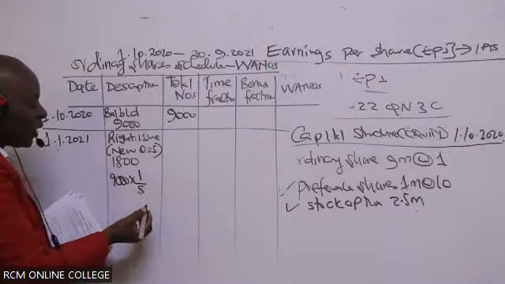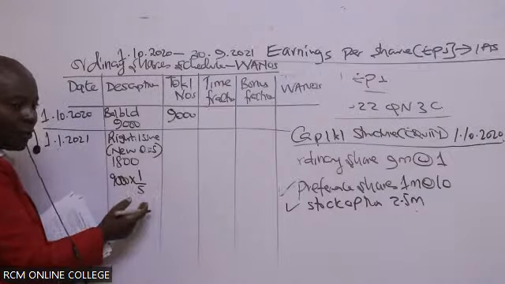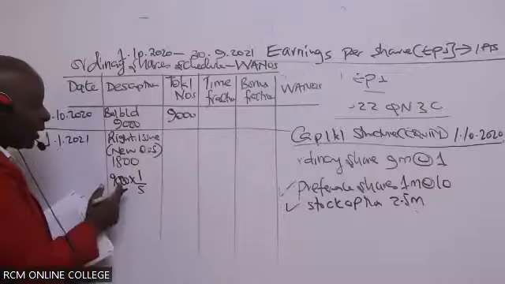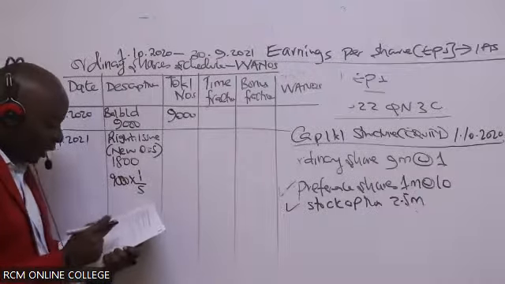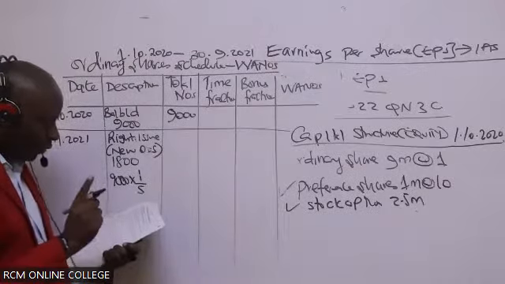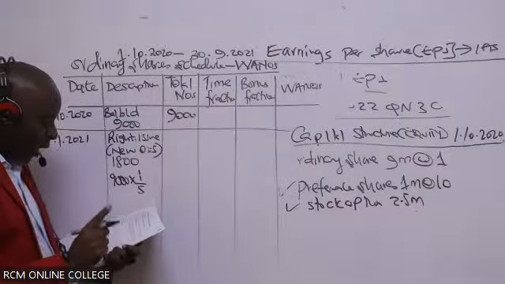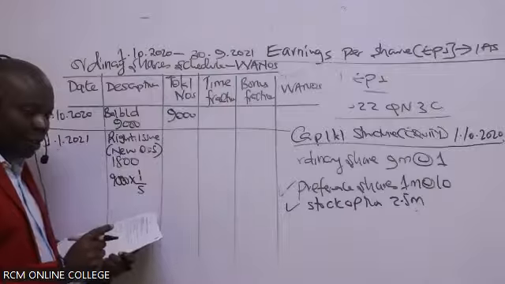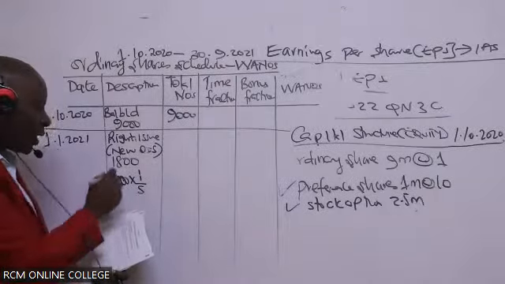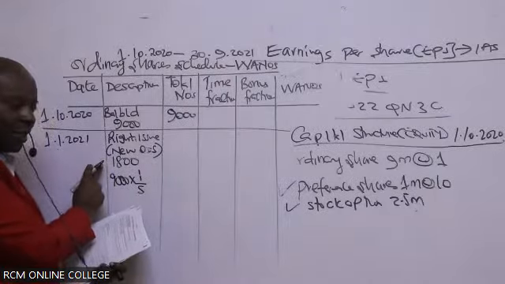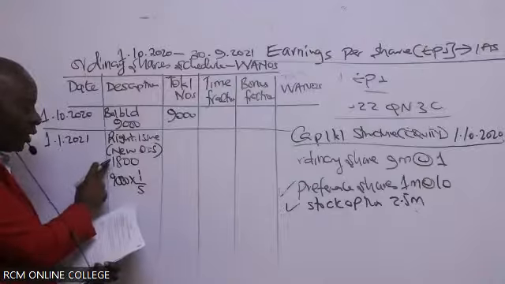In this case, the rights fraction is 1/5. Can somebody take that 9,000 times 1/5? Because they told us that the rights issue was 1 for every 5 shares held. So this is how they got the 1,800. No examiner will ever give you this figure.